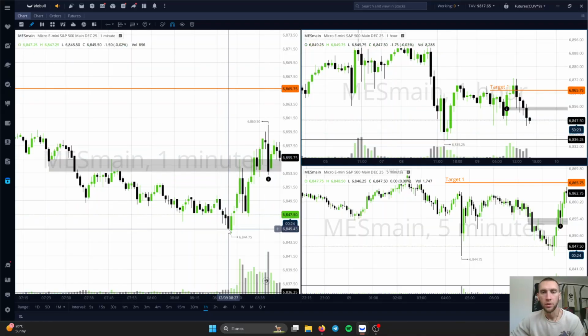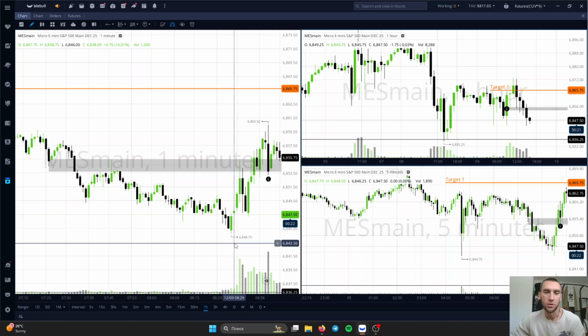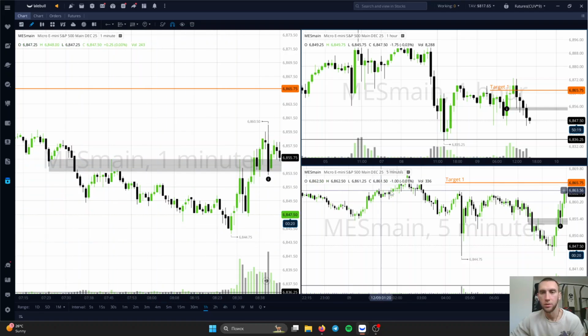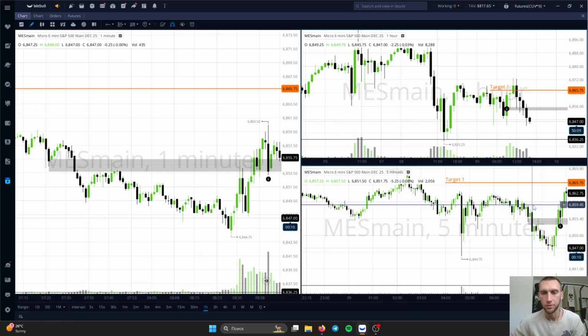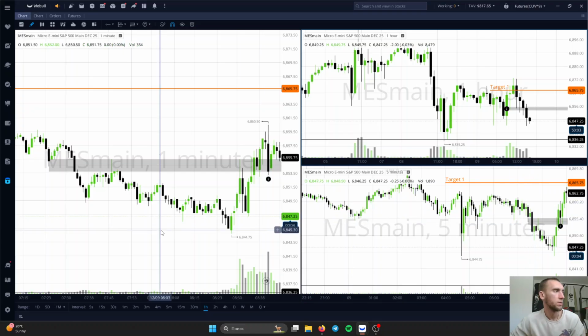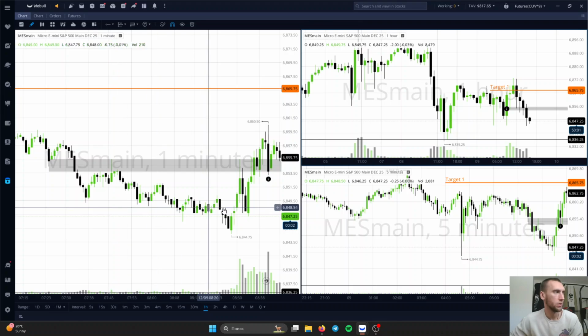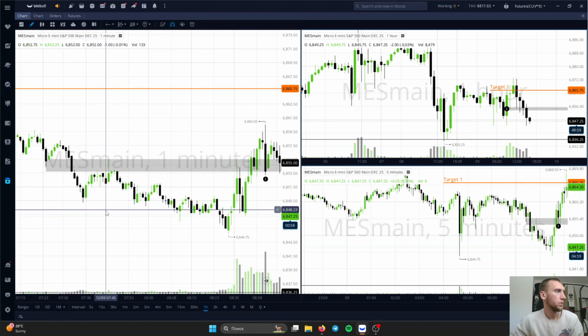Right off the open, I was looking for a manipulation up right into this fair value gap that we left somewhere in the morning before New York session opened, or right at the open. And I just want to show you these guys.